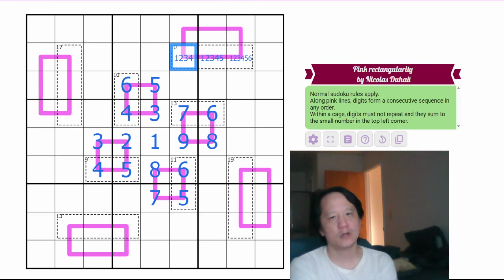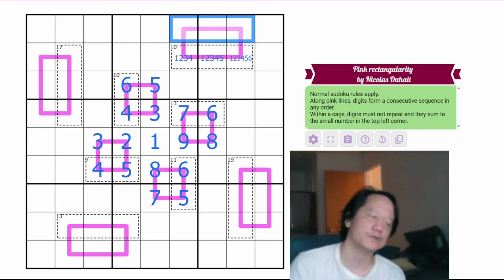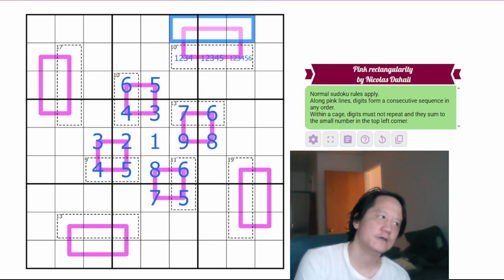So if we have a 1 here, these digits have to be 1 through 6 here. Otherwise, it could be 2, 3, 5 up to 7. So therefore, this is guaranteed to have... So it could be 1 through 4 or 1 through 7.